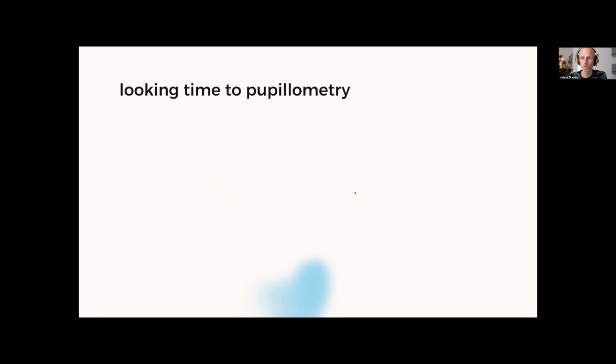So for brevity, let's see what things we should pay attention to if we want to adopt a looking time design for pupillometry. On the bright side, this is time series data.